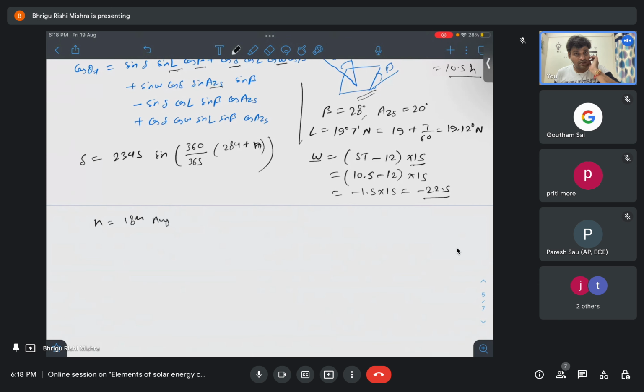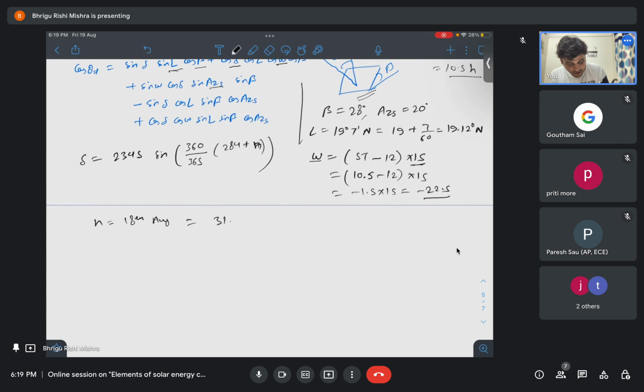It starts from the 1st January. Now it is August, so you should remember at least how many days are in each month. That is the only way to calculate this n. So we'll start from January and count the total number of days in each month.